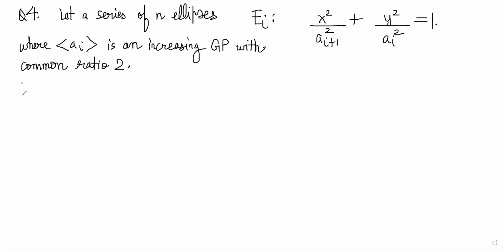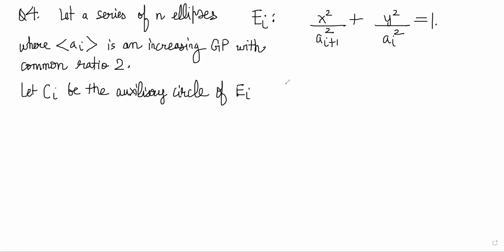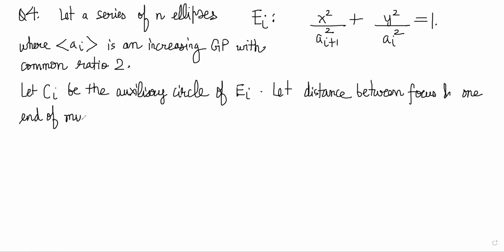Okay. Now the question is saying let C_i be the auxiliary circle of ellipse E_i. Let distance between focus and one end of minor axis of E_n be F_m. So F_m is the distance between focus and one end of the minor axis of E_n.